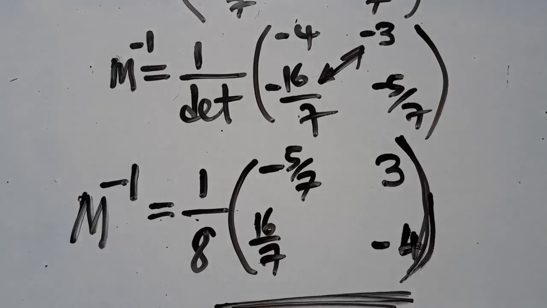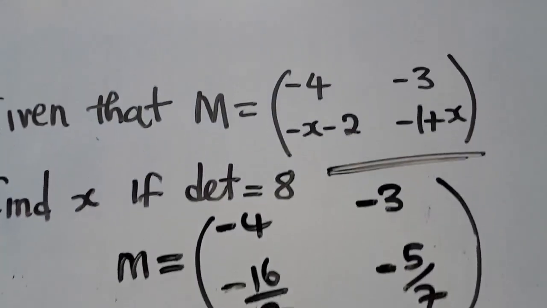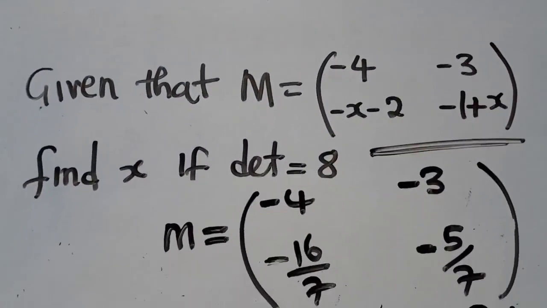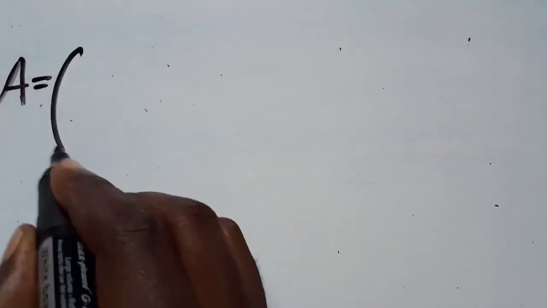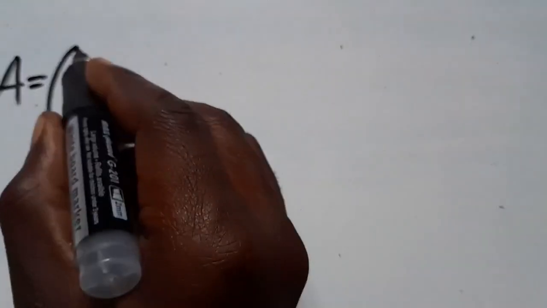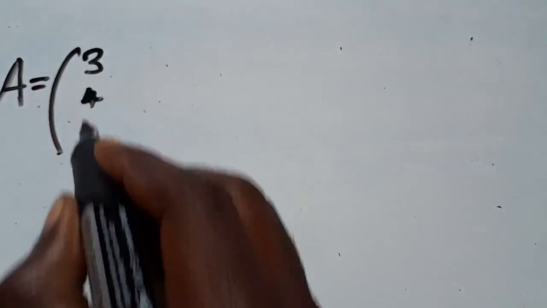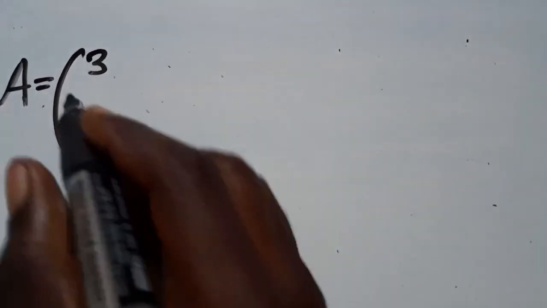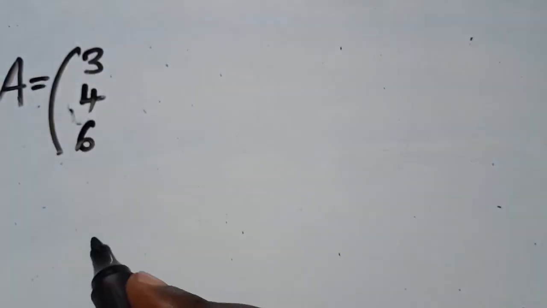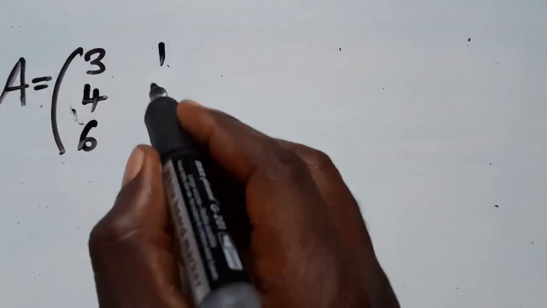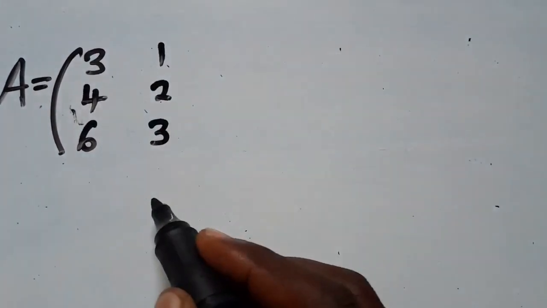So I also gave you another question. I remember giving you another question. The question was like this. So I'm going to write the question. A is equal to 3, 4, 6, 1, 2, 3, like that.